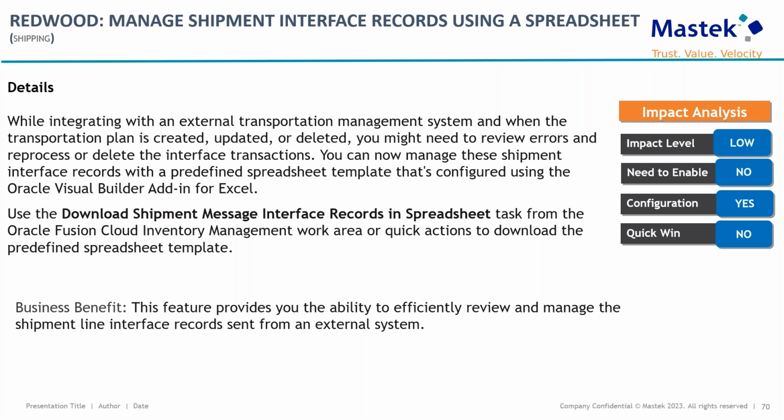This new feature lets you manage shipment interface records using a predefined spreadsheet built with the Oracle Visual Builder add-in for Excel. You can easily download the data using the download shipment message interface record in spreadsheet task, review any errors, and take the appropriate action from the spreadsheet itself, whether that's reprocessing the record or deleting the record altogether.